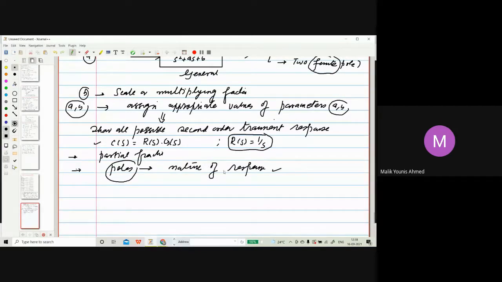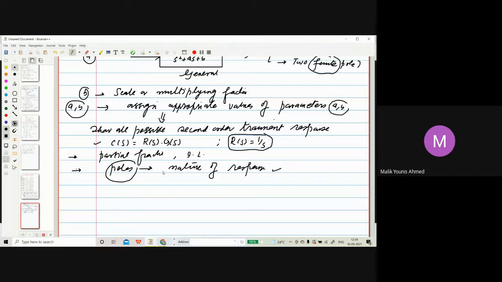We don't have to go through the tedious calculation I'm explaining here, where we find the partial fraction and then the inverse Laplace. If we explore these poles, we can determine the nature of the response without that difficult calculation.